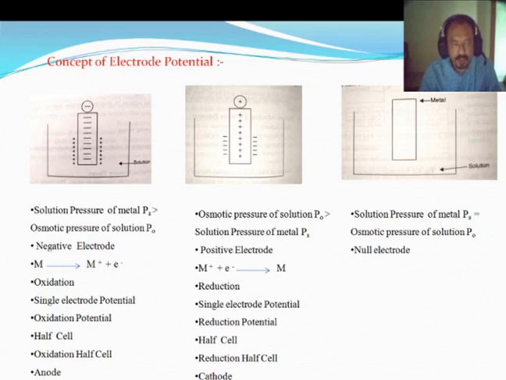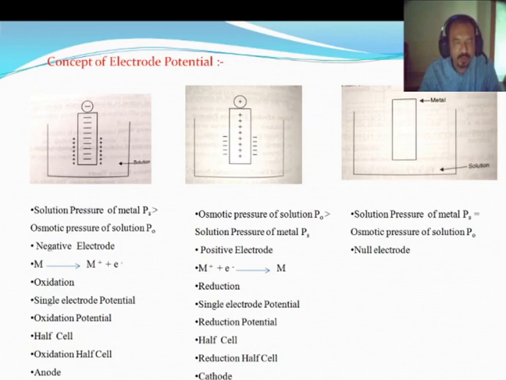Now due to this, as the number of ions moving from metal to the solution is more, which leaves behind the negative charges or the electrons, that electrode gets a negative charge and the solution gets a positive charge. Due to that, that metal rod or the electrode acts as a negative electrode.